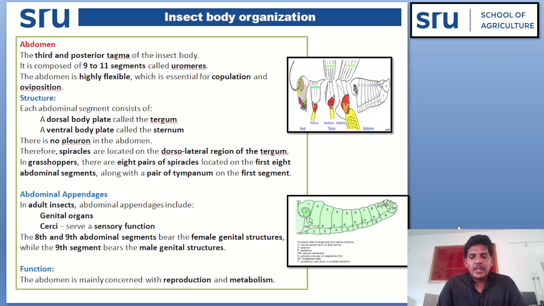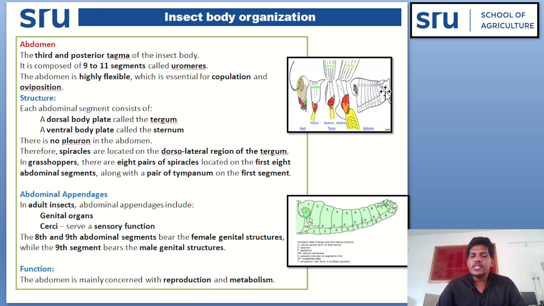Next tagmata or region is the abdomen. The third and posterior tagma of the insect body is the abdomen. It is composed of 9 to 11 segments called uromeres. The abdomen is highly flexible, which is essential for copulation and oviposition in insects.